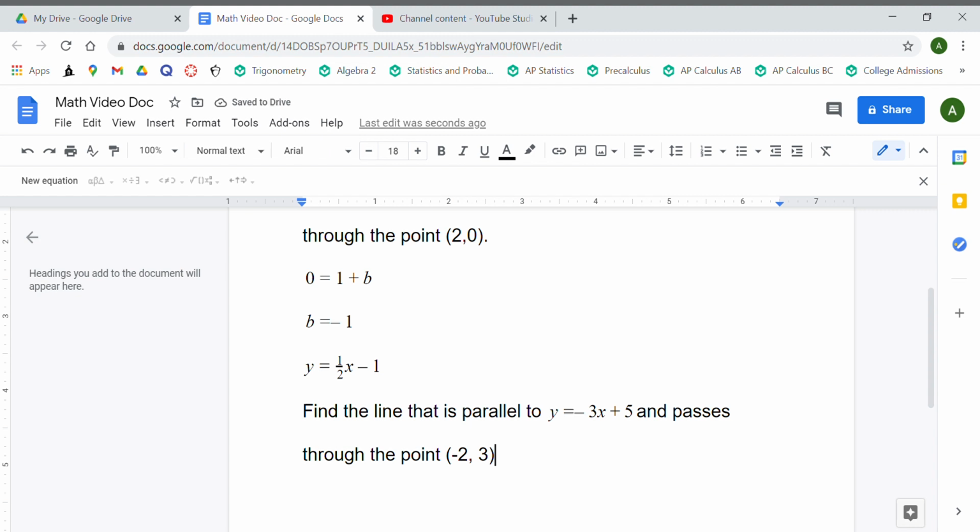Take your time to do this problem. Find the line. You don't need to graph it. Just come back to me when you find the equation.